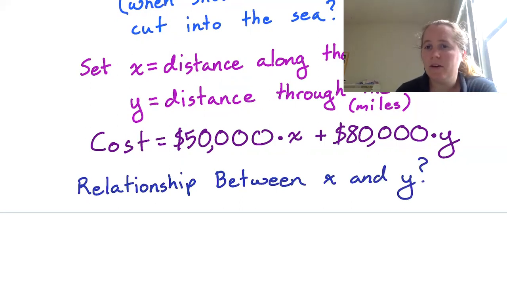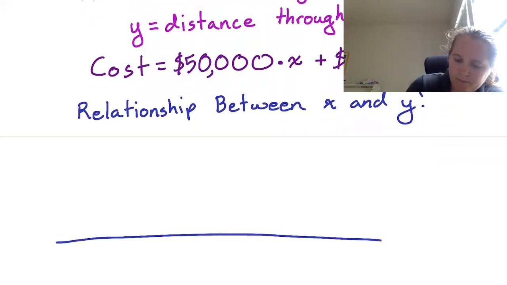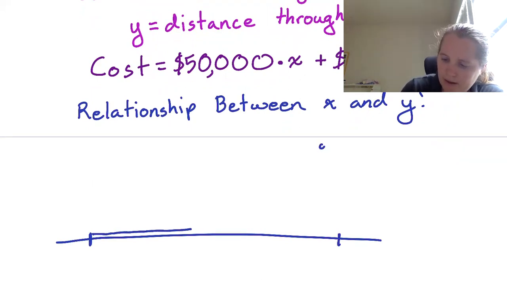So eliminating all the extra details, basically what we have is here's our shore. We're looking at a path that runs partway along and then out to sea.